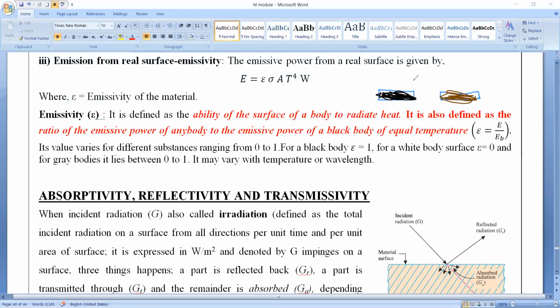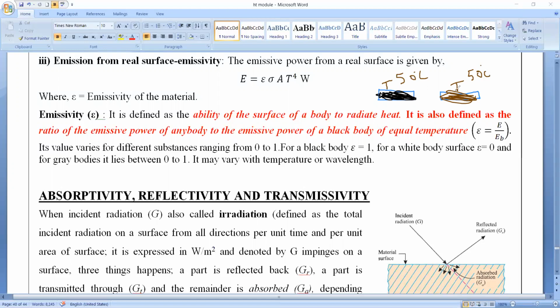Now let us take the temperature T and T. The temperatures for both the surfaces are the same. Say, for example, this is maintained at 50 degrees centigrade and this is also maintained at 50 degrees centigrade.